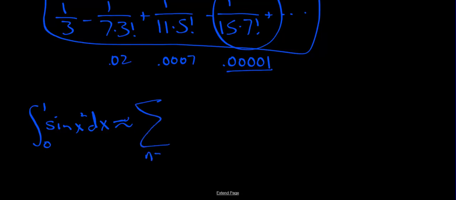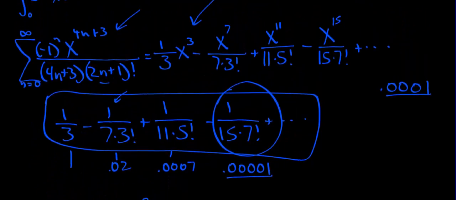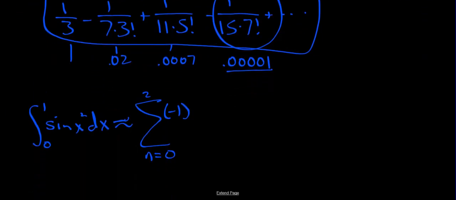The sum from n equals 0 to, let's see here, I got the first, second, third term. So this would be n equals 0 to 2. And remember, it's this thing right here: negative 1 to the n, over 4n plus 3, x to the 4n plus 3.